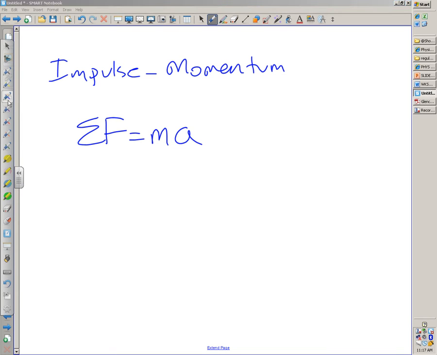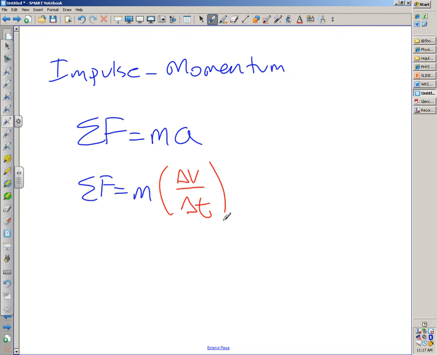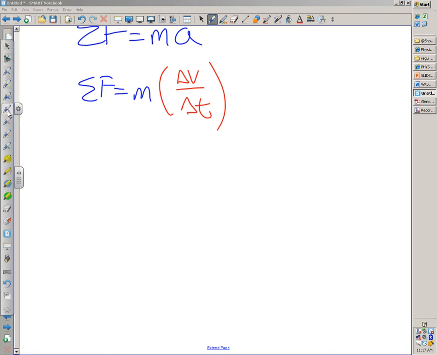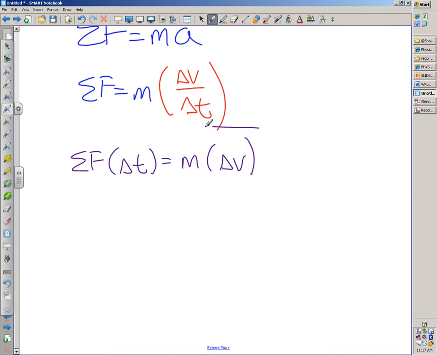So we can rewrite this equation to look like this, where we now include both the change in velocity and the change in time factor. We do a little rearranging of this equation, and we end up with this. And we said that equation we refer to as the impulse momentum equation.